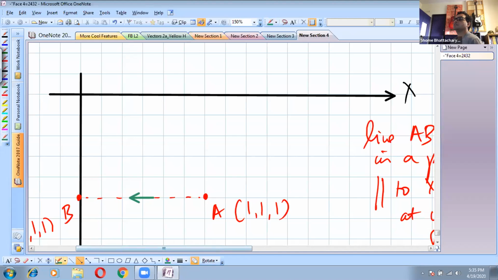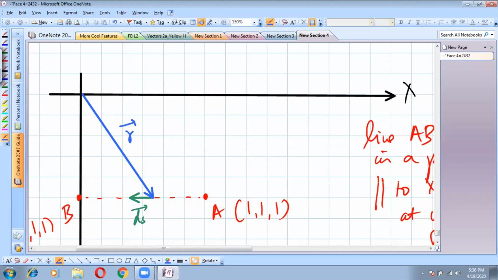At a point like this, let us draw the displacement vector ds. And the position of that point is this one. So this is the position vector of that point, R. And that point, let's say some general point P, has what kind of coordinates?